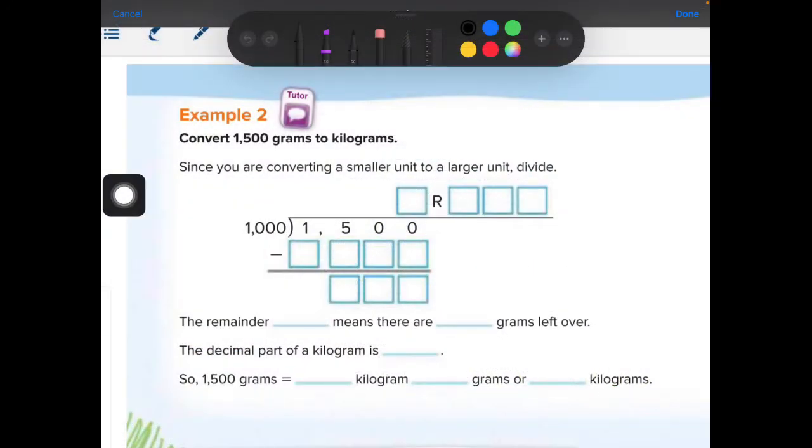Example 2, we're going to convert 1,500 grams to kilograms. Since you are converting a smaller unit to a larger unit, divide. So, fly to horse, divide, of course. Helps if I spell it right.